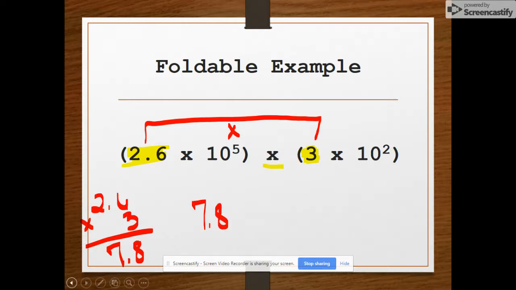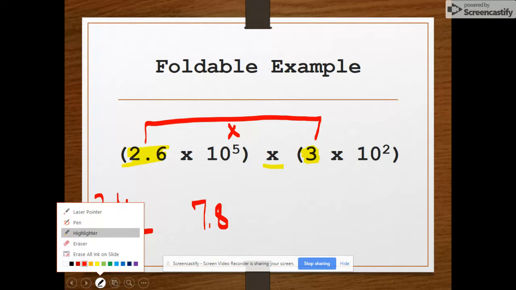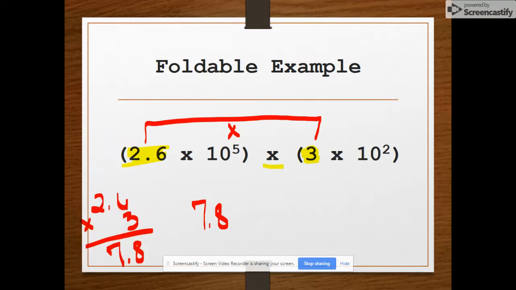The second piece of information that we need to look at is our base and exponent. In this case, my base is 10, as it will always be in scientific notation. And then I have exponents 5 and 2. If we think back to our integer exponent properties that we learned at the very beginning of the year, we learned that when we have the same base, in this case 10, and we are multiplying, then we're going to add our exponents.